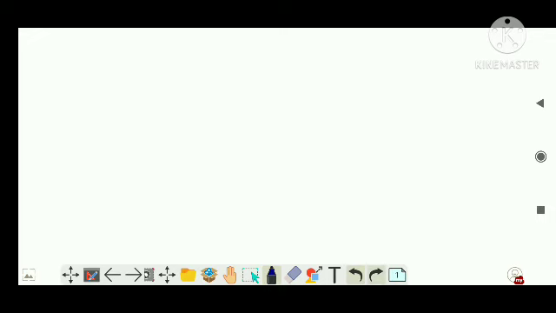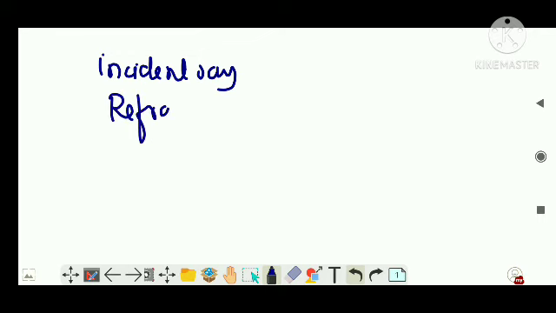There are some terminologies in the prism you have to know. You know what the incident ray is, right? The ray which is falling on one of the refracting surfaces, and since it is moving from rarer medium to denser medium, there will be a refracted ray also. Similarly, the ray which comes out of the second refracting surface is known as the emergent ray.